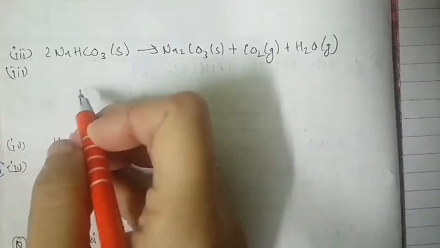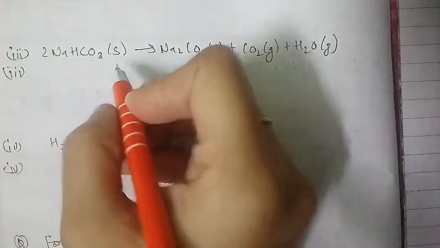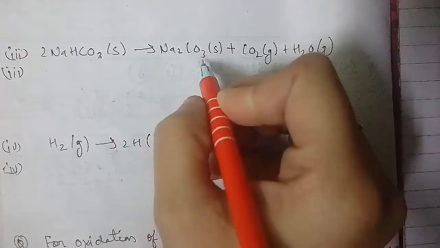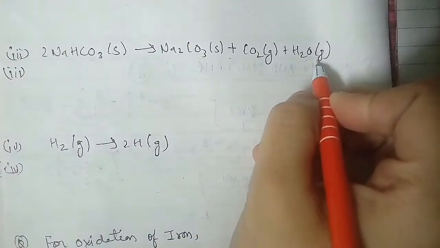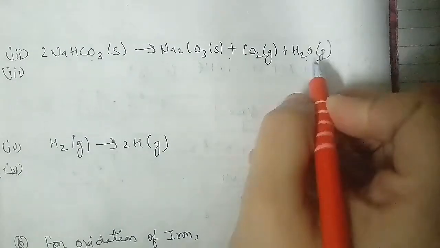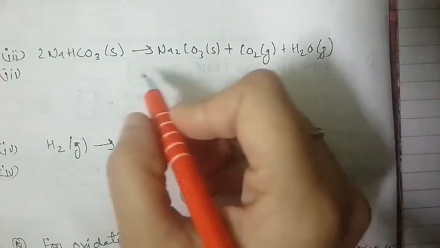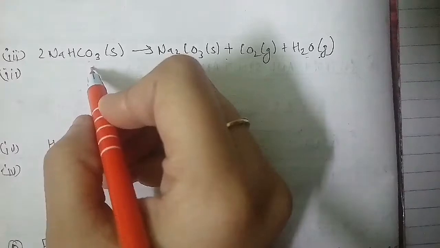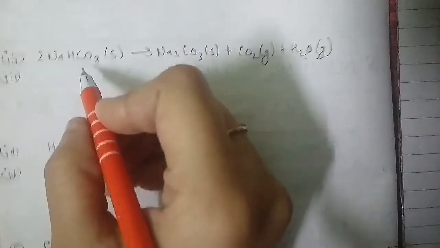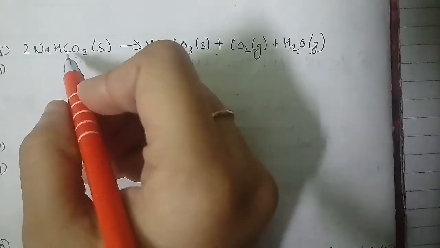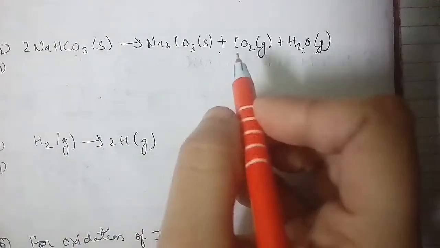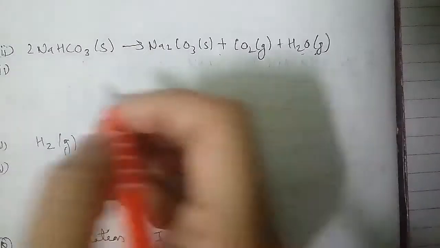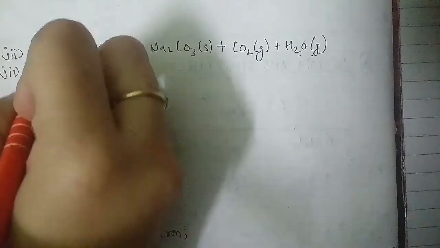So here one molecule gives two atoms, so the number of particles increases, leading to a more disordered state.